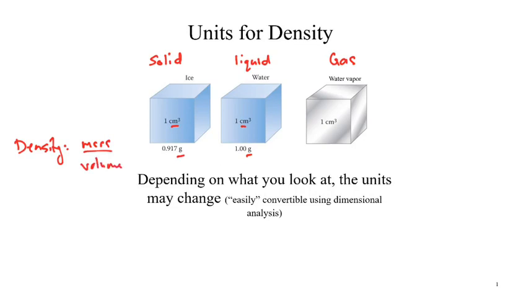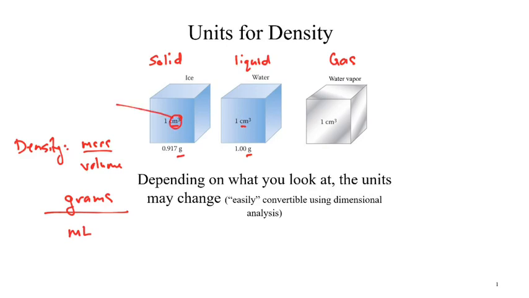When we're looking at units of mass, what unit should we pick? Clearly the unit being picked here is grams. And the volume unit that's typically picked is actually milliliters, not necessarily centimeters cubed, but our textbook and this particular figure decided to use centimeters cubed.